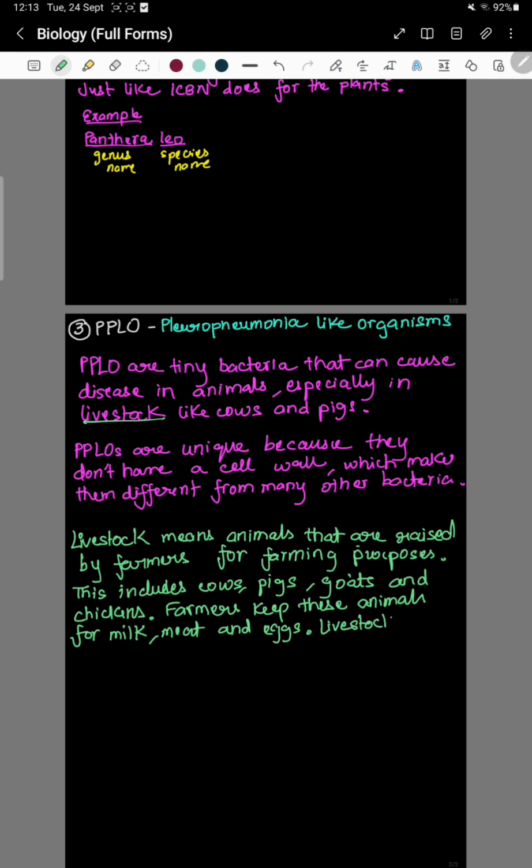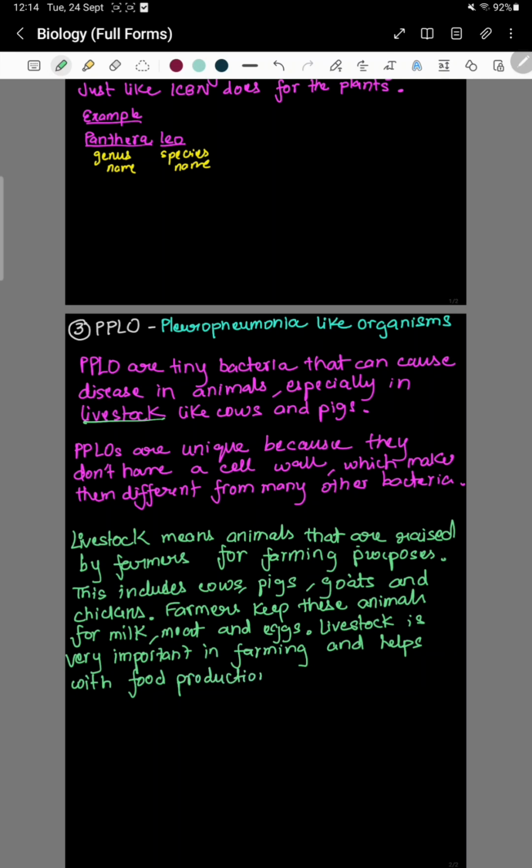Livestock is very important in farming and helps with food production and the economy. So this is clear, I hope.